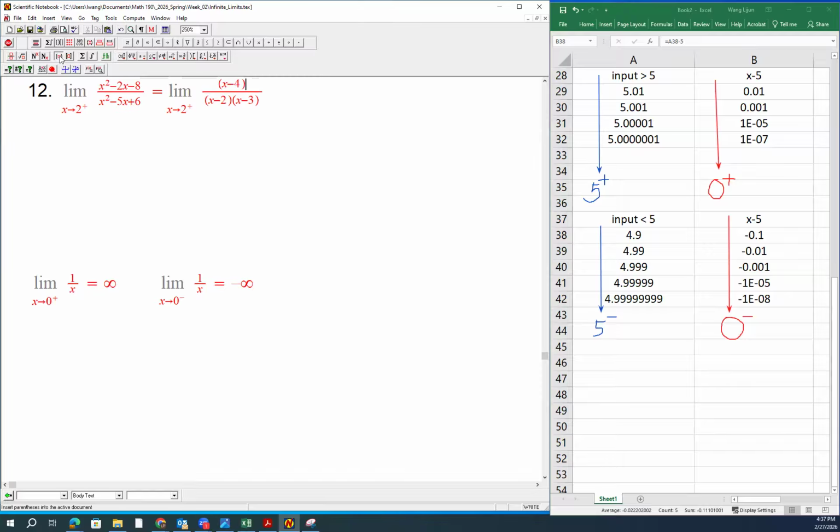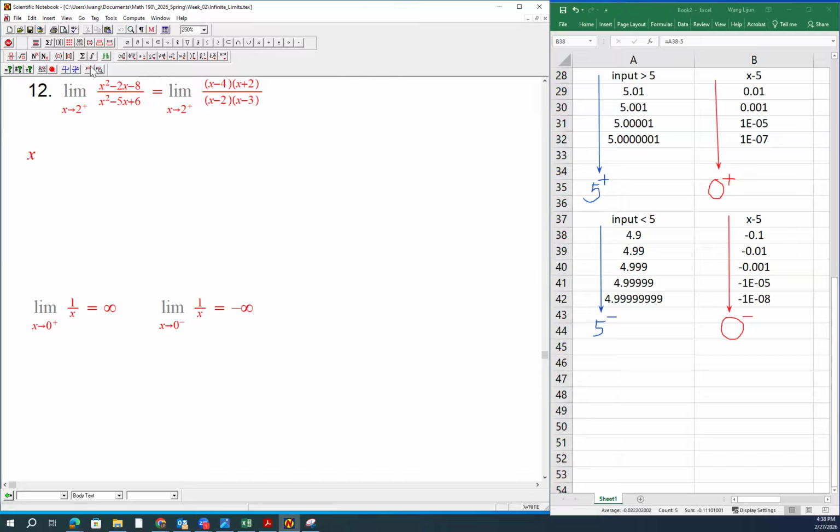Double check the factoring. And in this case, we cannot reduce anything. So it's just x approaching 2 from larger than 2. X minus 4 is going to be approaching a finite number. X plus 2 is going to be approaching a finite number. And x minus 3 is going to be approaching a finite number, right? So let's put that in our consideration, right?